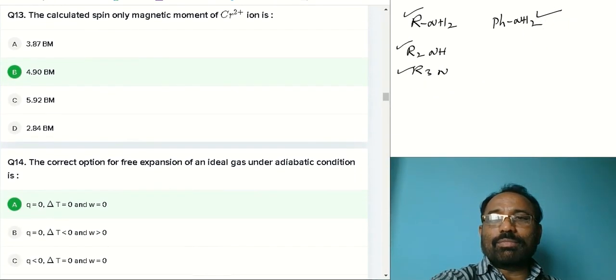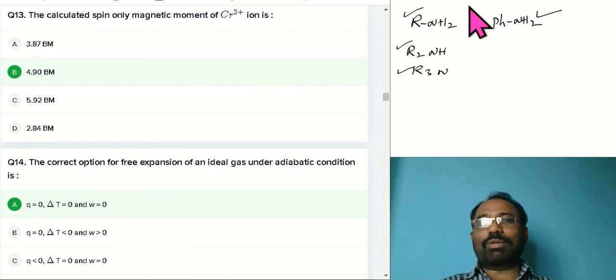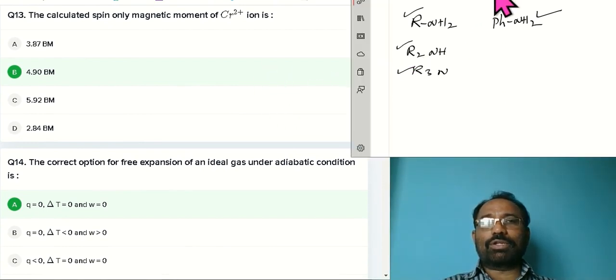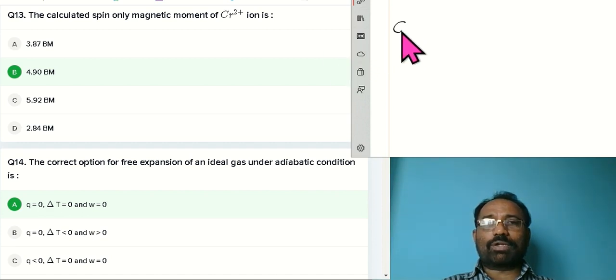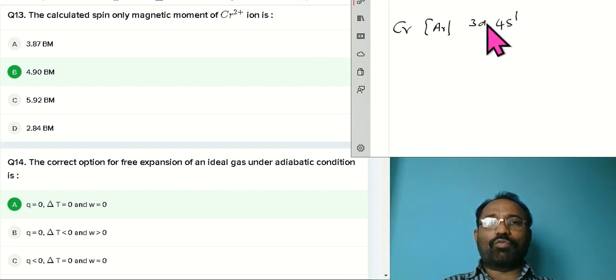See question number 13. Calculate the spin-only magnetic moment of Cr2+ ion. The electronic configuration of the chromium atom is argon 4s1 3d5.